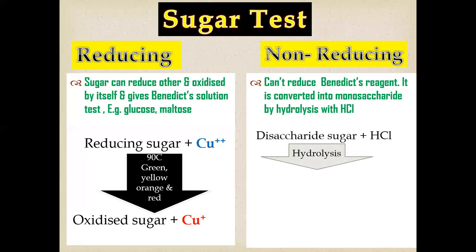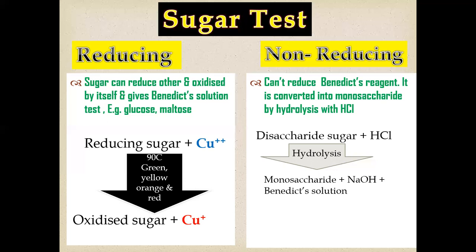So we add the disaccharide sugar, which is a non-reducing sugar, plus hydrochloric acid, and after hydrolysis, this will break the bond and convert into monosaccharide sugar, and now it will be a reducing sugar.